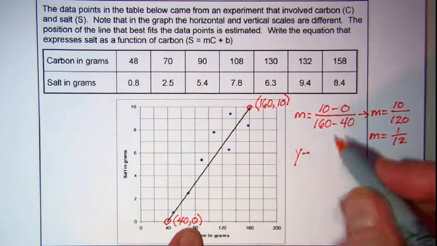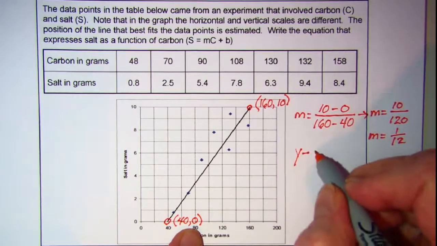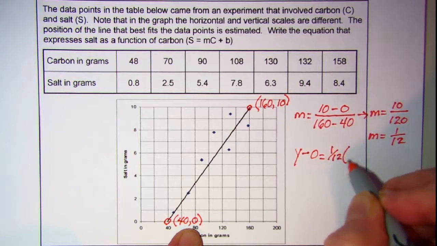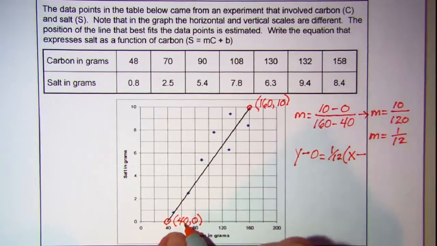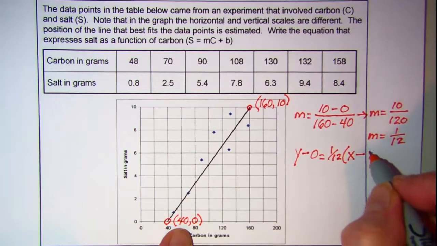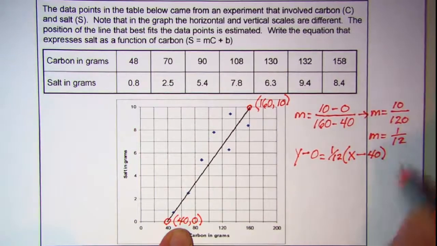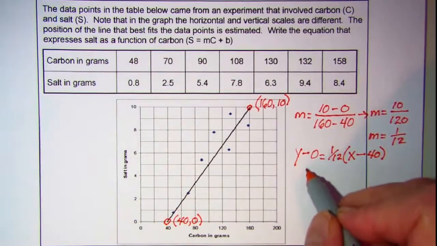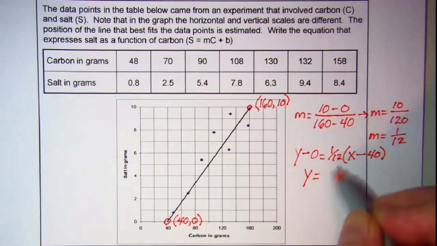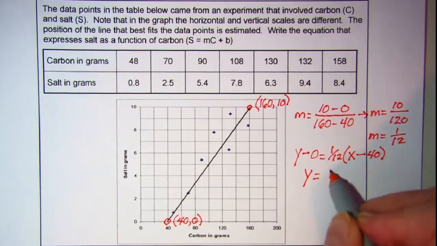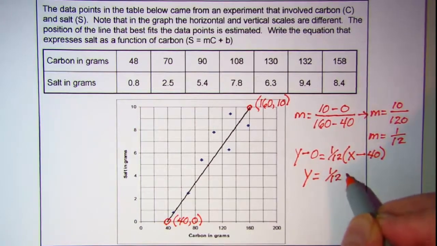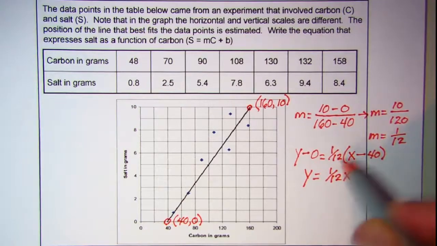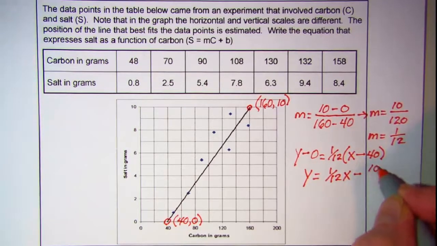So y minus this y coordinate equals m times x minus the corresponding x coordinate. We'll simplify this equation. y equals, distribute our 1/12, so 1/12 x minus 40 over 12, which is the same as 10 over 3.